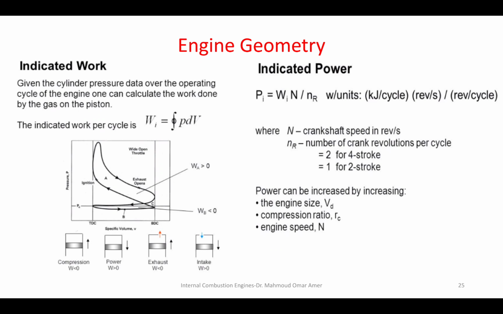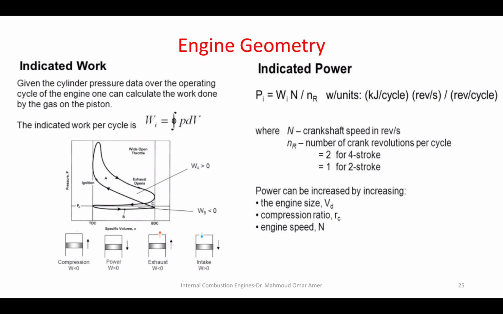So if the engine is 4-stroke, the full cycle takes 2 revolutions. So if the engine is rotating at 3000 RPM, then the engine is performing 1,500 cycles per minute. So you divide the number of revolutions by n, which is 2 for the 4-stroke cycle.